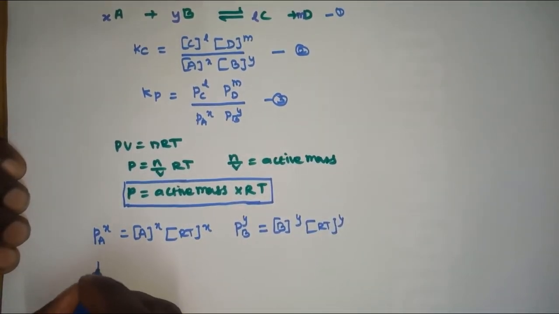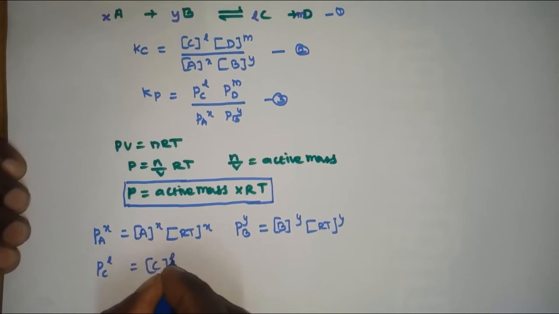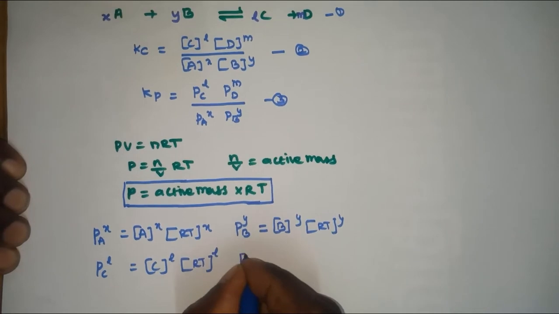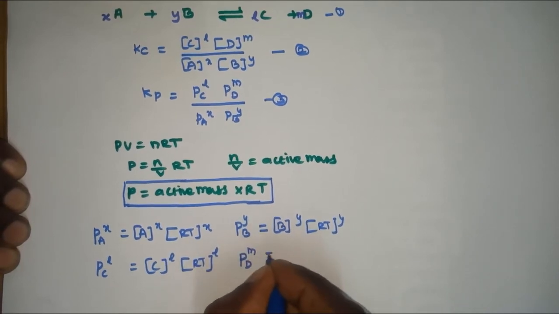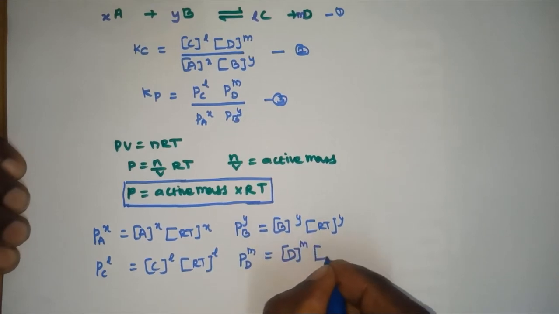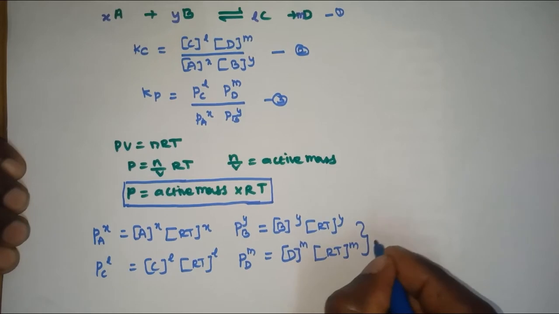Same way, C power L equal to C power L into RT power L. Same way, D power M equal to D power M into RT power M. This is equation number 4.